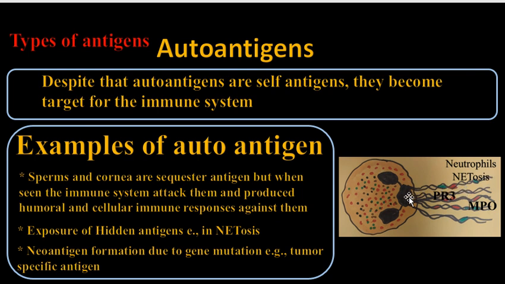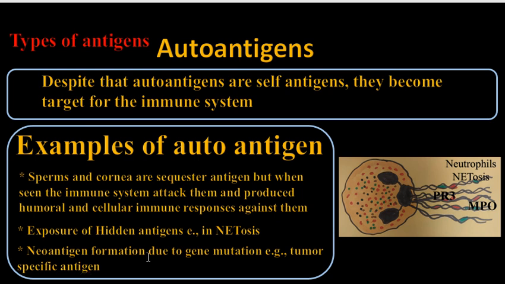However, some antigens will come outside due to this process, for example, proteinase 3 and myeloperoxidase, and these will be seen as non-self, so the immune system will produce immune responses against them. So these antigens are hidden, and exposure of hidden antigens occurs during netosis.